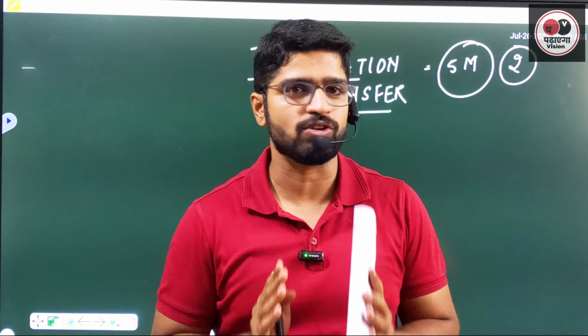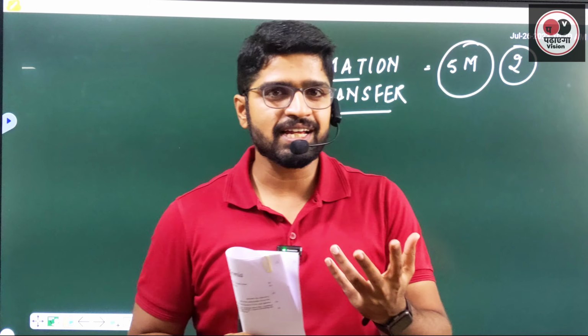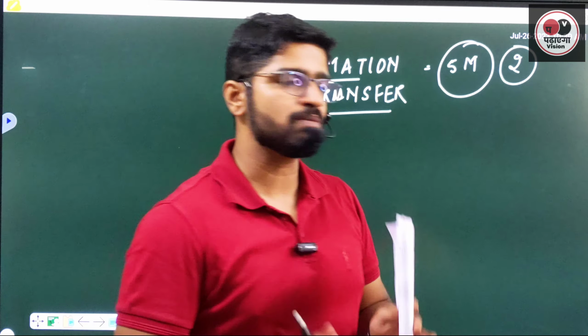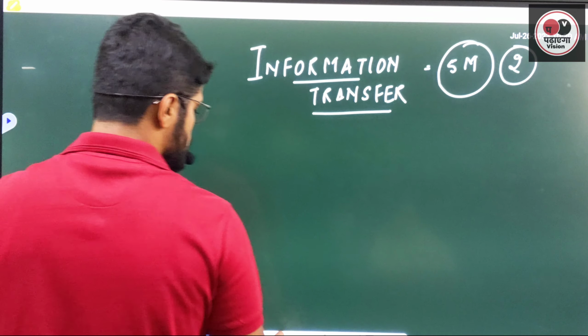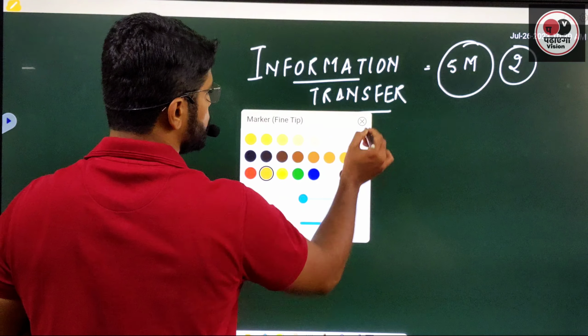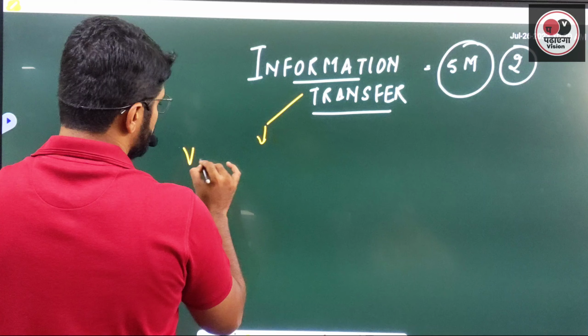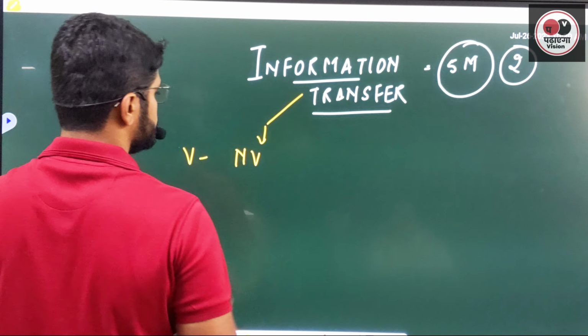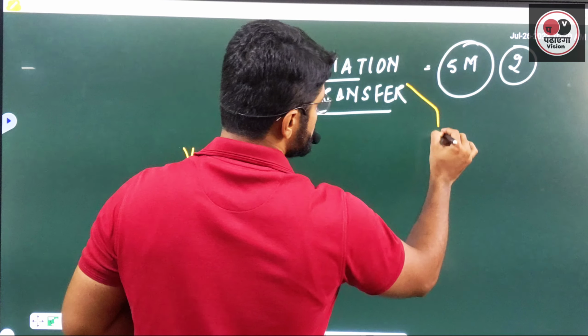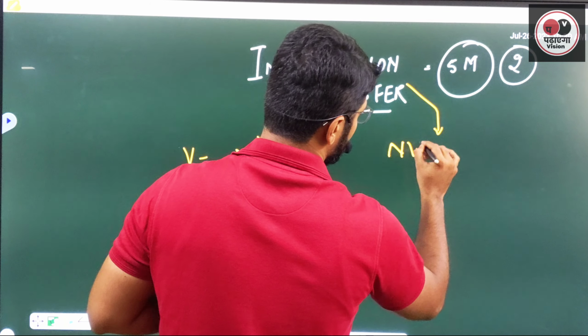So what exactly is information transfer? In simple terms, it is bifurcated into 2 main types: one is verbal to non-verbal, and the second is non-verbal to verbal.